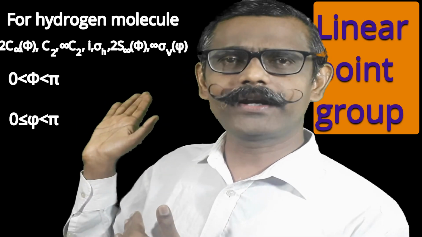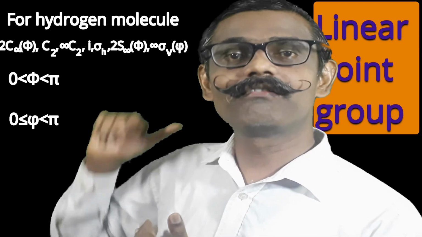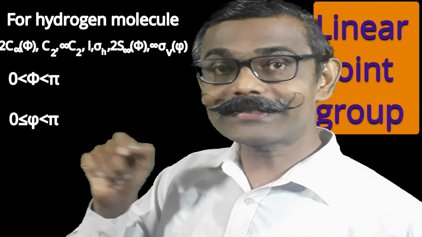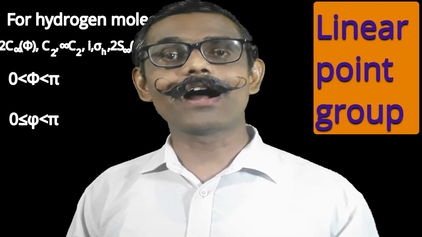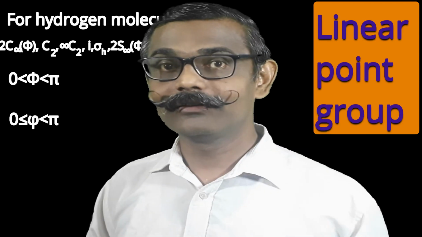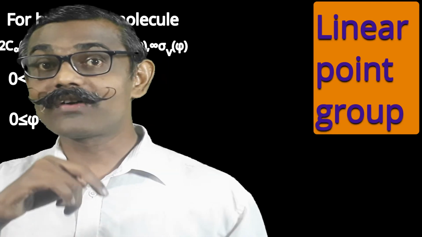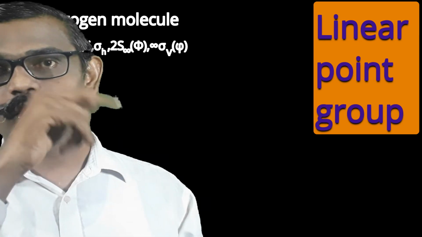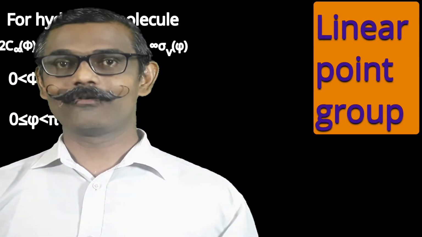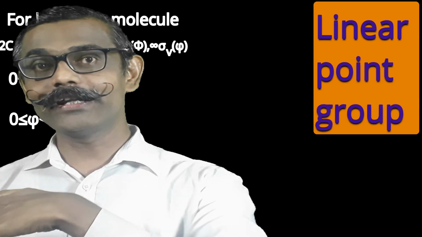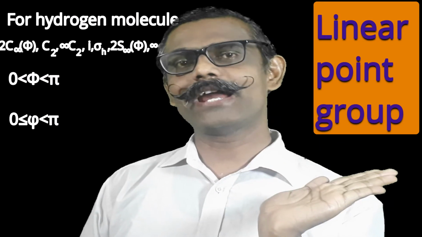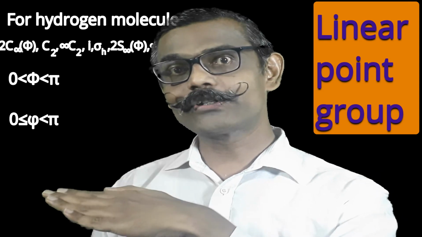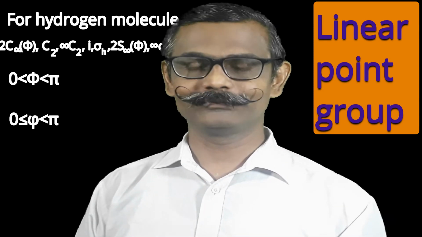How many? Infinite. And what is the variation? Phi. How to represent that? 2S infinity phi. And what about the plane? Vertical planes, per phi. An infinite number of vertical planes are there with variation of per phi angle. What is the per phi angle? 0 degree to less than pi. What is the phi angle? Not 0 degree, more than 0 degree and less than pi.